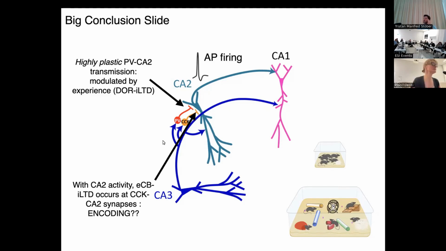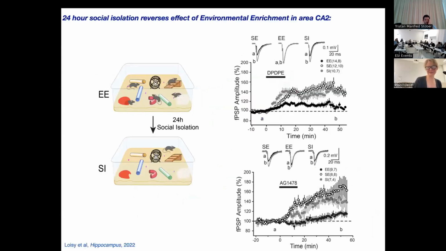And just one further example of that that I'll share with you quickly. This is really an observation that the student made, about the last mouse in the cage. What she did was take a mouse out of the EE cage and do field recordings every day. And she noticed that in the mouse who spent 24 hours all alone, all the effects of enrichment were gone.